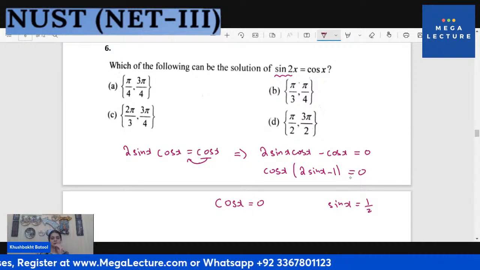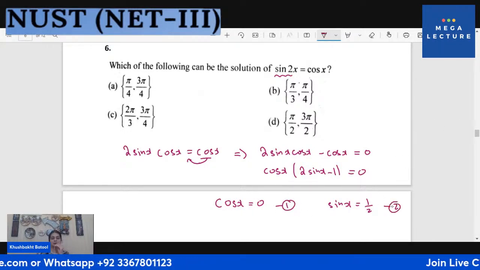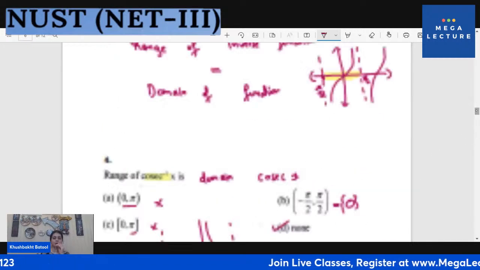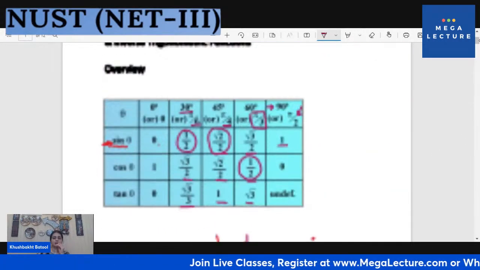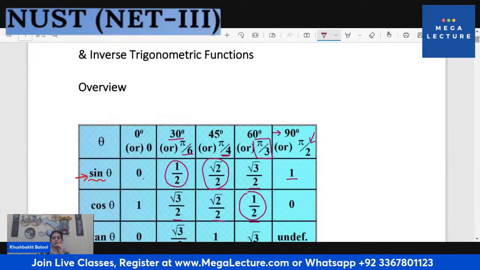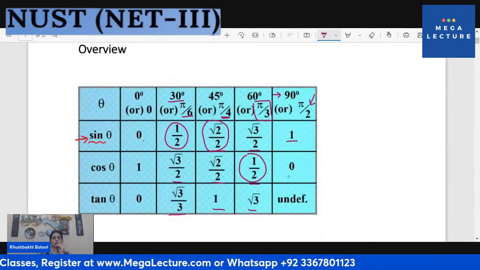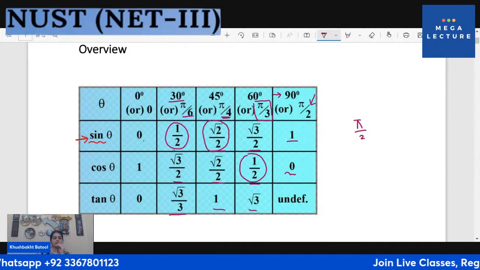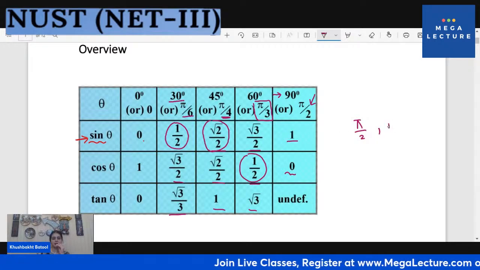Now I can think about the answers. Okay, so I'll scroll up for this first equation and the second equation. So I need cos 0 and sine 1 by 2. Alright, so here's the table. First of all, let's talk about cos. So cos is 0 at pi by 2, and then sine is 1 by 2 at pi by 6.